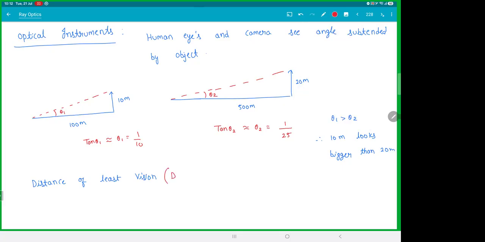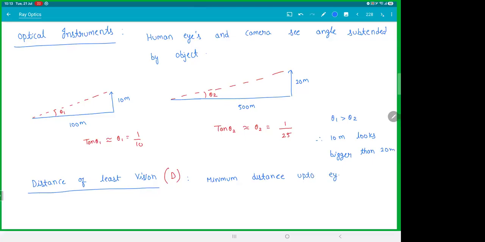We represent this with capital D. Generally, this distance is 25 centimeters for adult. Kids have it even less, but as time passes, this thing increases. This is the minimum distance up to which eyes can focus on the object.